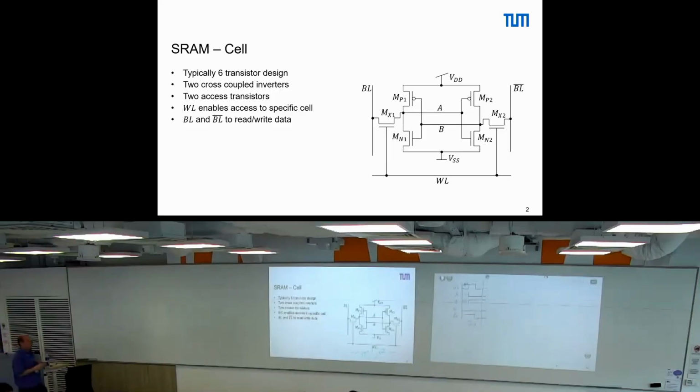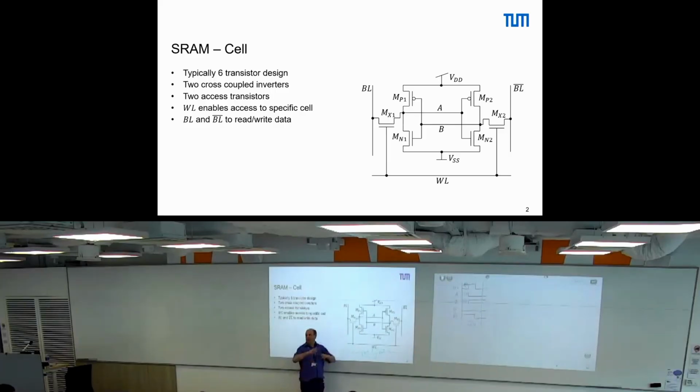The question is, what happens to the internal state if I now, with bitline bar forced to 0, enable the word line? The idea was that we read out our internal state, right? Before we had a driver from external, somewhere some input forcing this bit to 1 and 0, but now we have externally two times a 0 and expect that now this internal node drives the outer world, right?